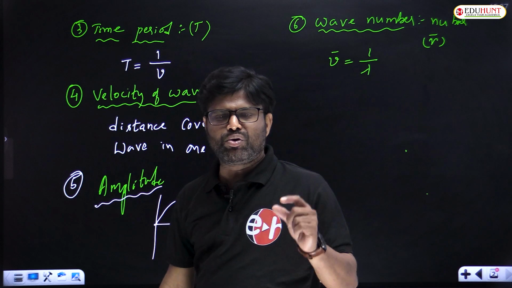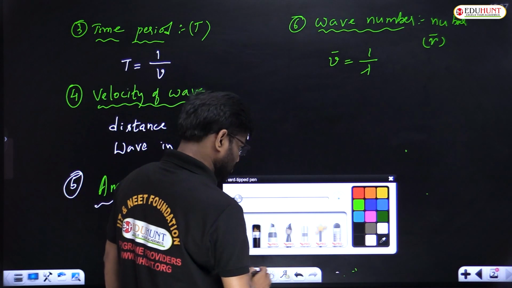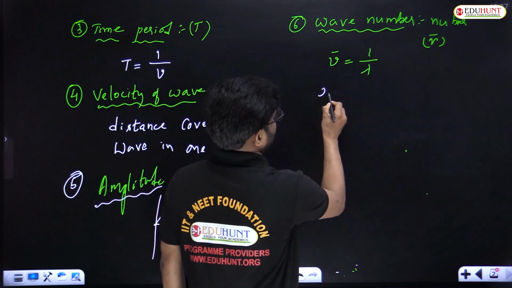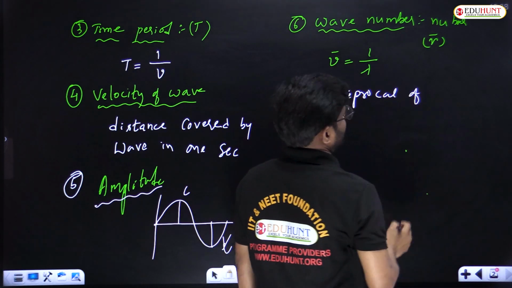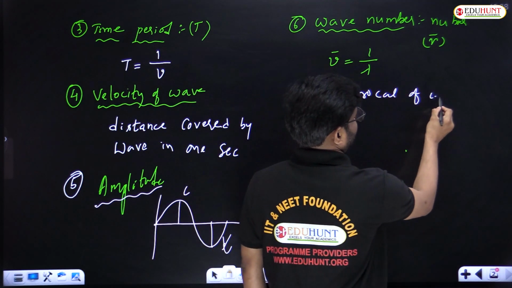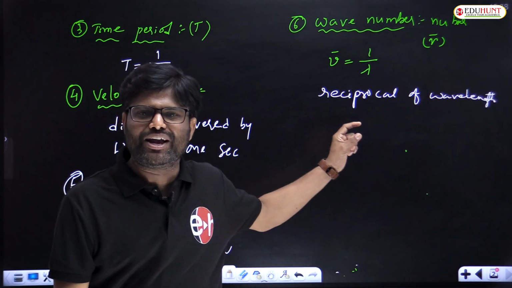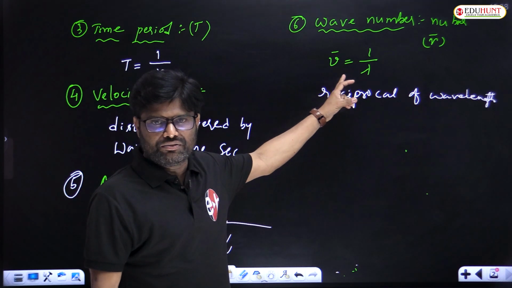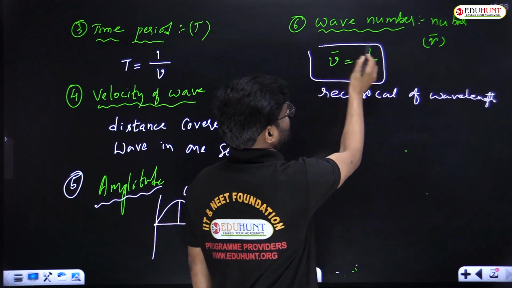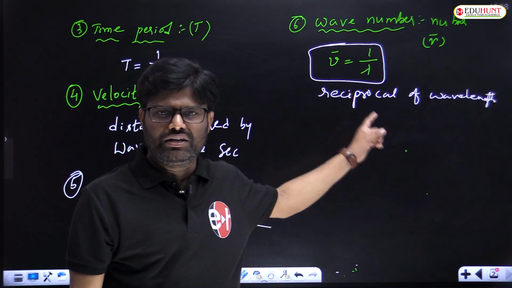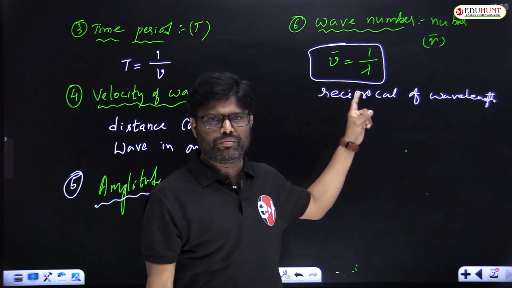Reciprocal of the wavelength. Children, reciprocal of wavelength is called as nu bar, the wave number. Nu bar is nothing but wave number, that is equal to 1 by lambda.